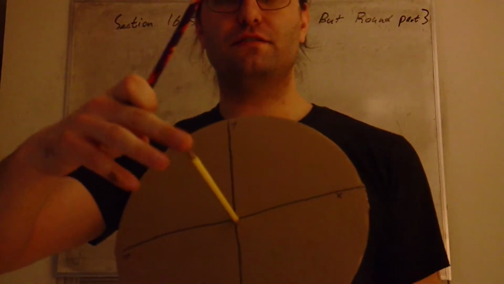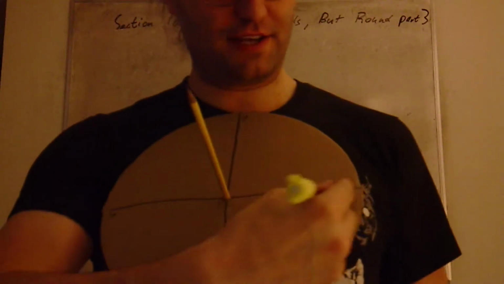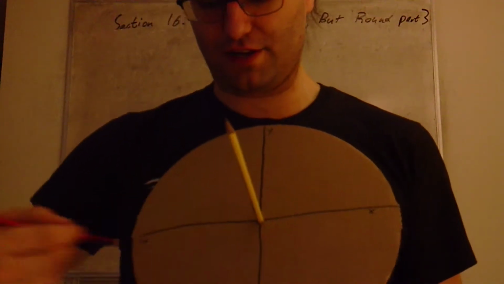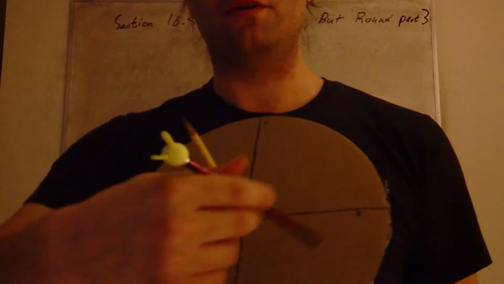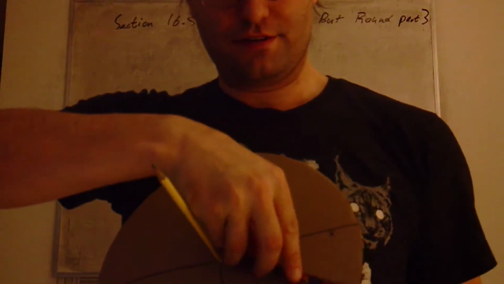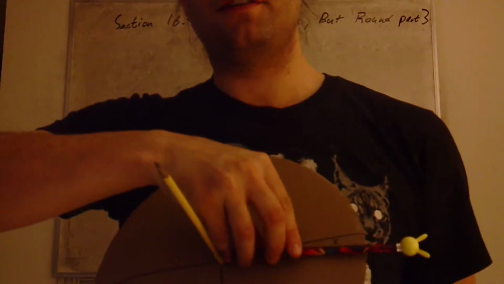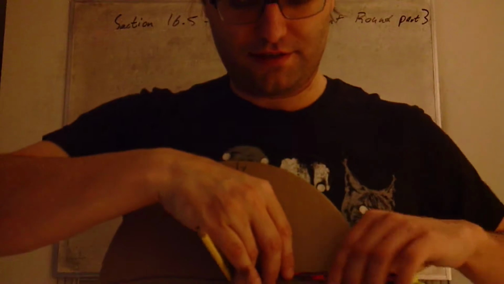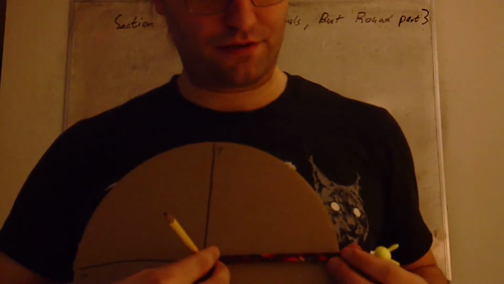The pencil in this little cardboard thing is going to be the z-axis. We have the x-axis here, negative y goes down, negative x goes backwards, positive y goes up. So this is the xy plane that you already know and love. This is the z-axis coming out of it. Theta works exactly the same in spherical coordinates as it does in polar and cylindrical coordinates.